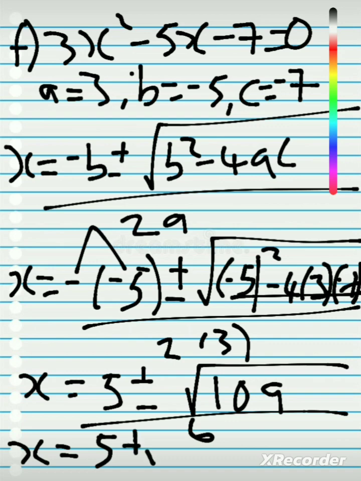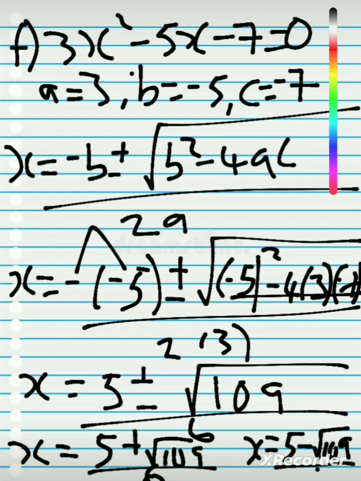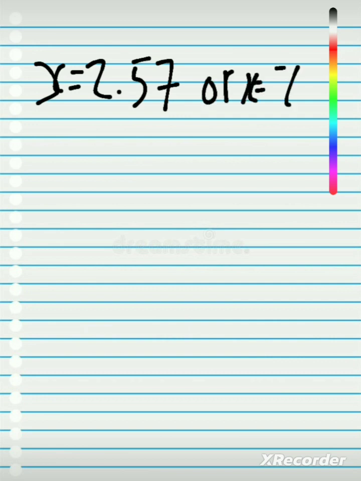5 plus square root of 109 over 6, or x is equal to 5 minus square root of 109 over 6. Okay, so when you punch this on a calculator and this on a calculator, you're going to get x equals 2.57 or x equals negative 0.91.